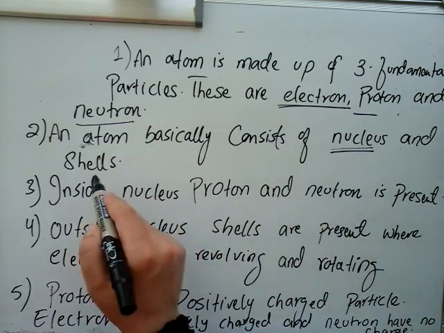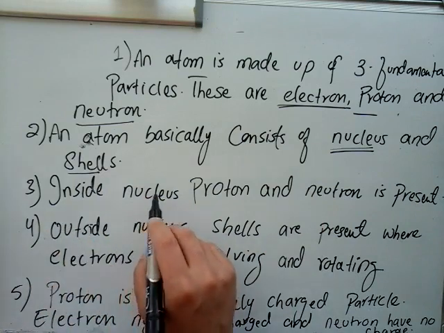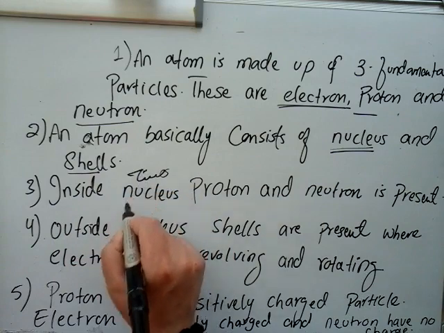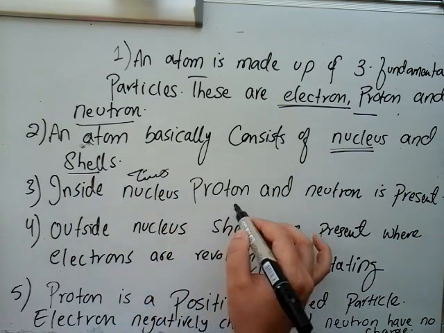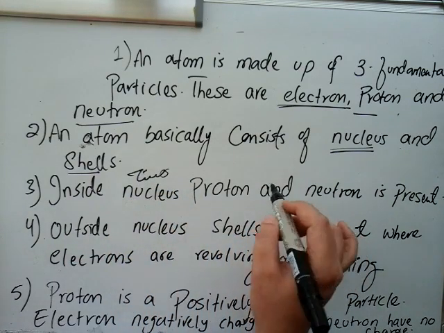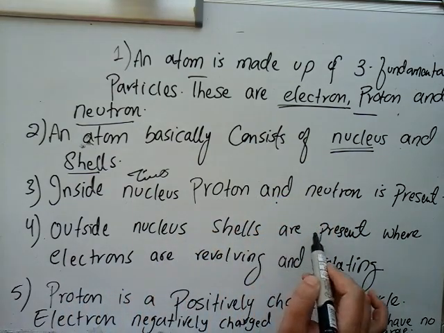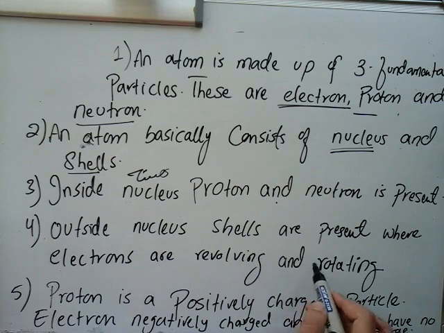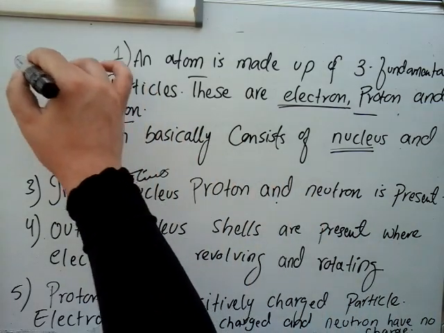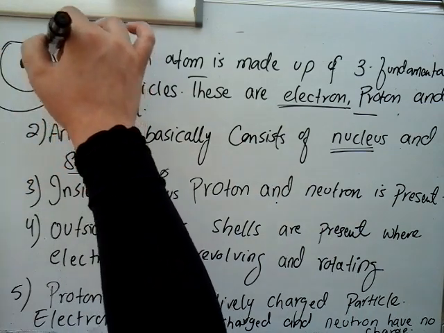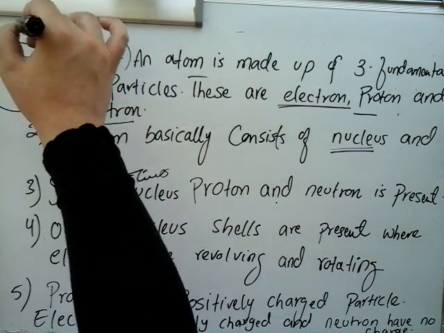So what is the nucleus and what are shells? The nucleus is the central part, and inside the nucleus proton and neutron are present. Outside the nucleus shells are present, and inside these shells electrons are revolving.